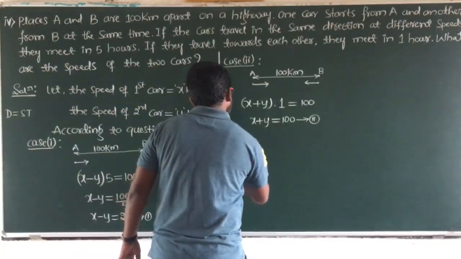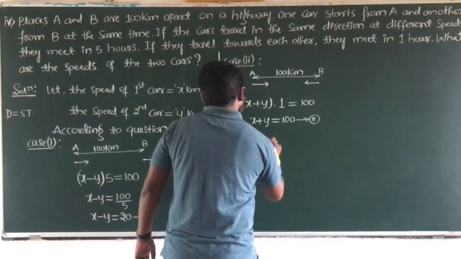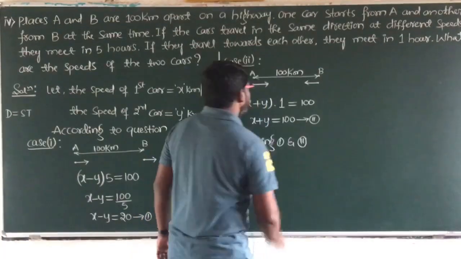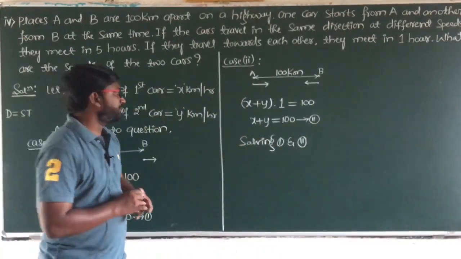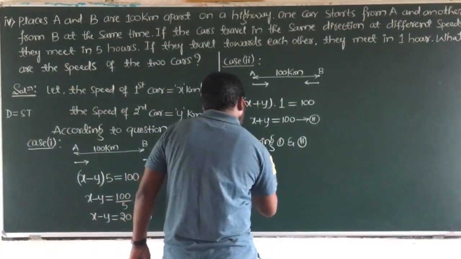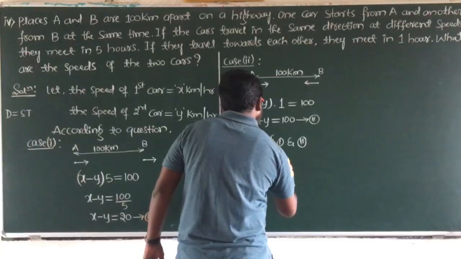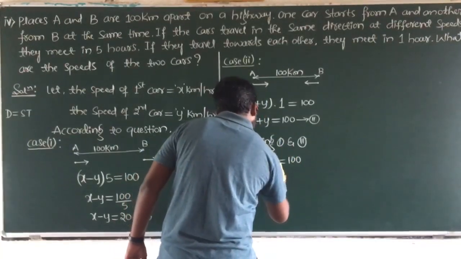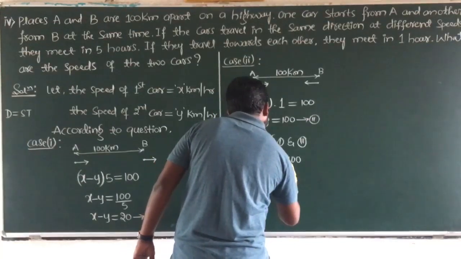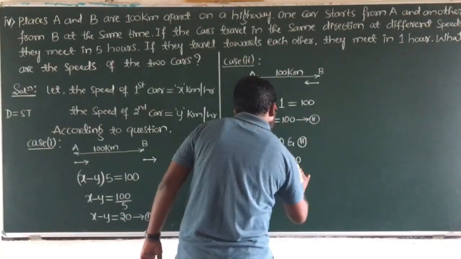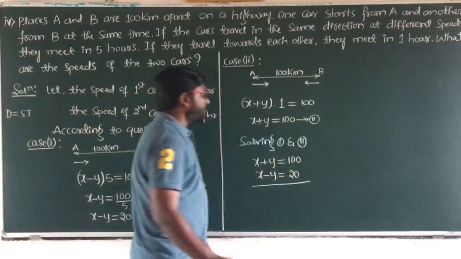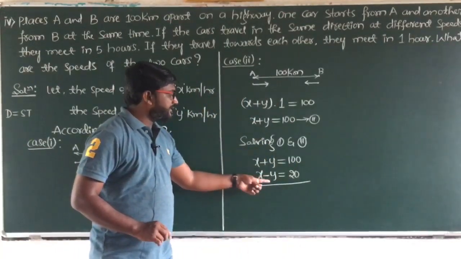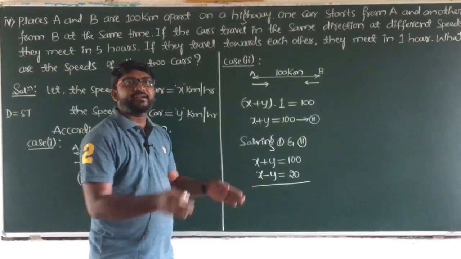Solving 1 and 2. I solve these two equations by the elimination method. x plus y equals 100, and x minus y equals 20. Don't go for the sign change. Here there is plus y and here there is minus y. Now we just have to add the equations.